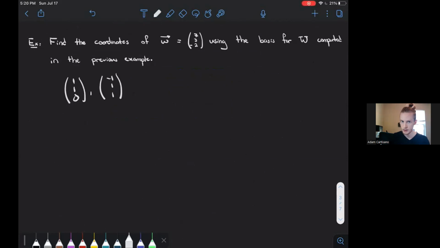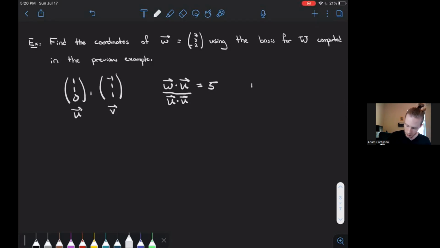Okay, w, we'll just call these u and v. w dot u divided by u dot u, of course. That's what the formula from the previous theorem says. u dot u is just the number 2. u dot w is 7 plus 3, which is 10. 10 divided by 2 is 5.